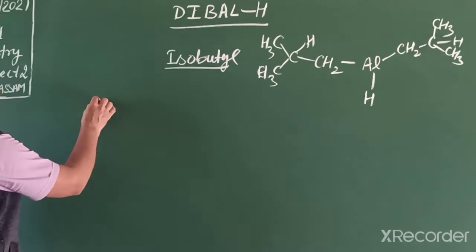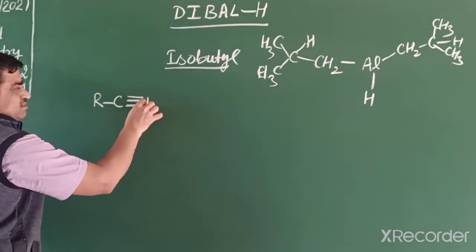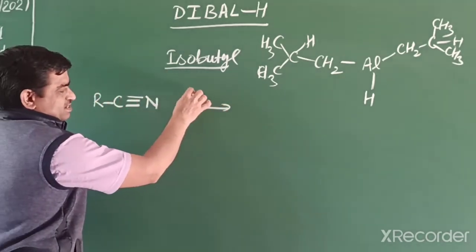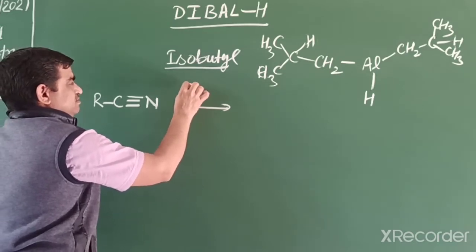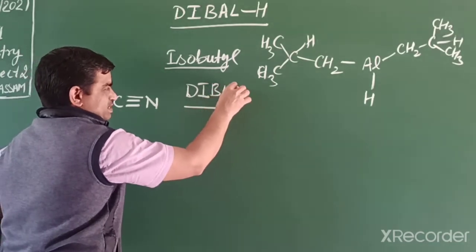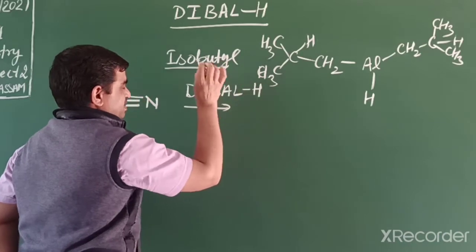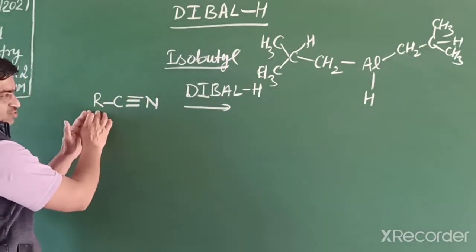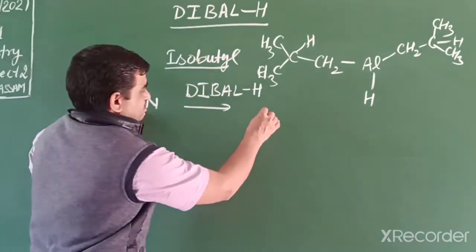So the alkyl cyanides, when reacted with this reagent, which is written in small form like this, as diisobutyl aluminum hydride in abbreviated form, first what happens? Controlled reduction means 1 hydrogen addition.